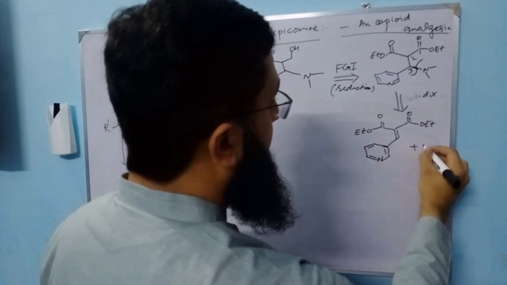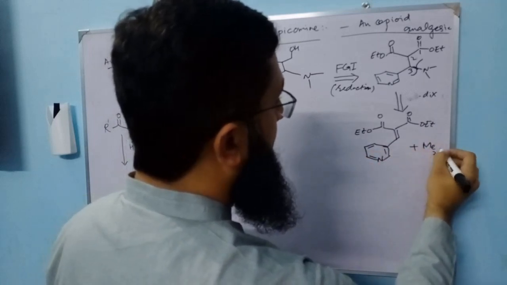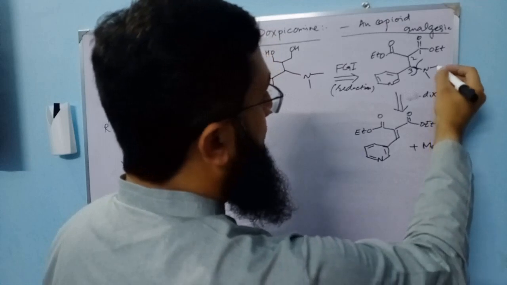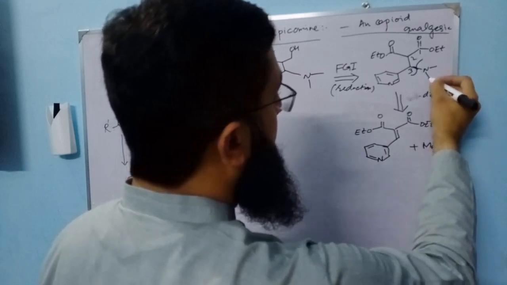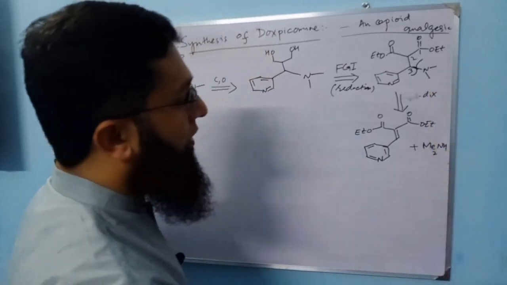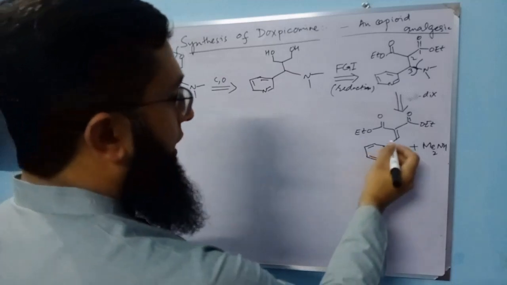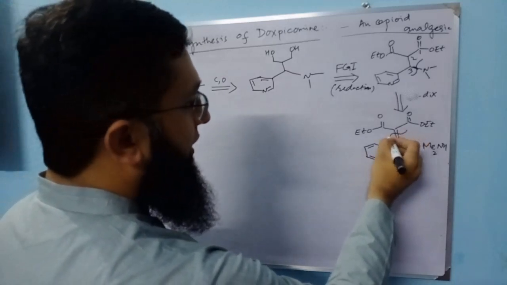Along with that, dimethylamine, because it's a methyl group here, and it's also a methyl group, so dimethylamine would be obtained. And this can be further disconnected at this position.